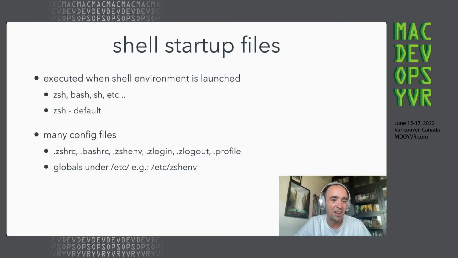There is a profile. And there are usually two variations of these. One for the user, which can be found in the user home directory, and global ones which can be found under the /etc directory on macOS. For example, /etc/zshenv is one of them.